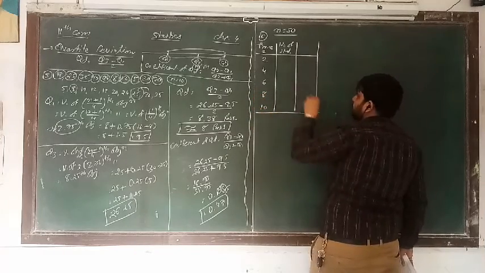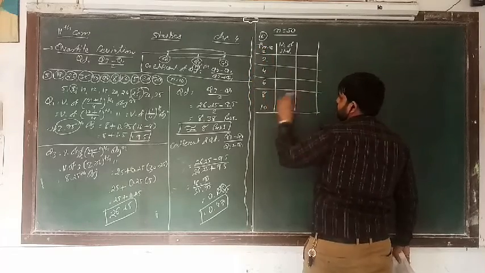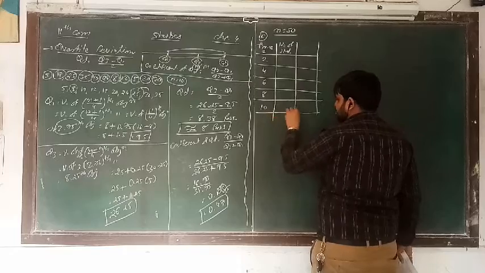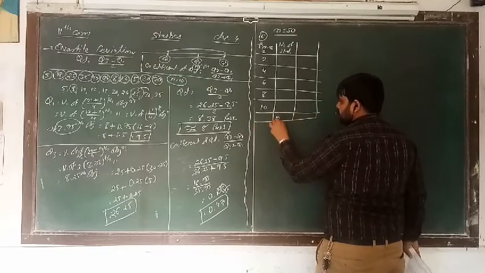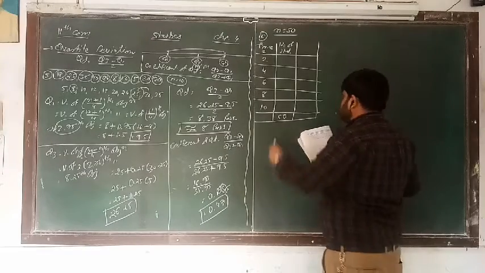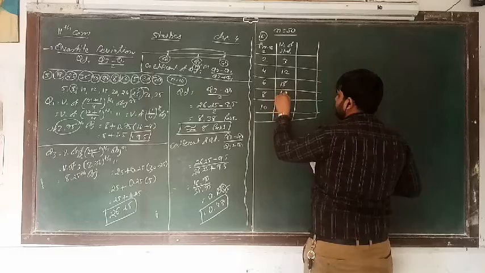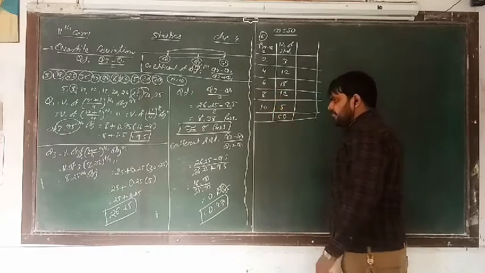Fine. So here 2, 4, 6, 8 and 10, and the total is 50 that we know. Number of students: 3, 12, 18, 12 and 5.